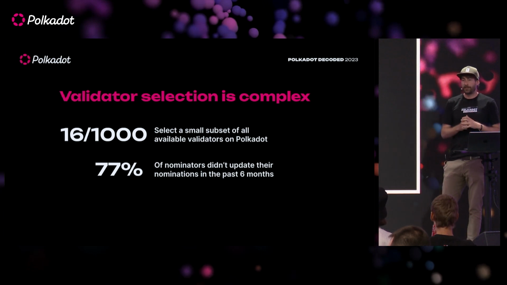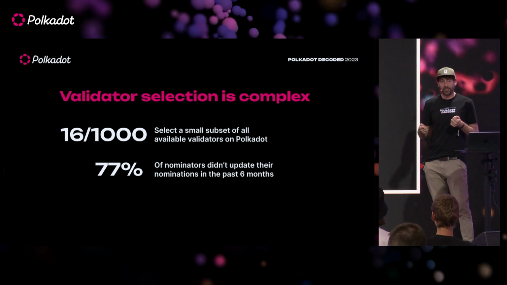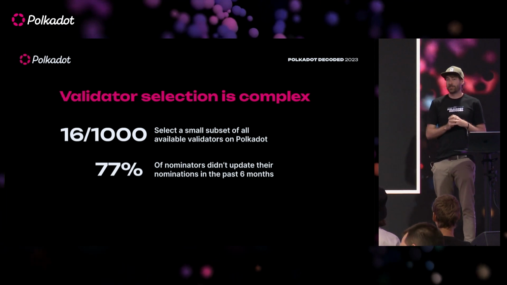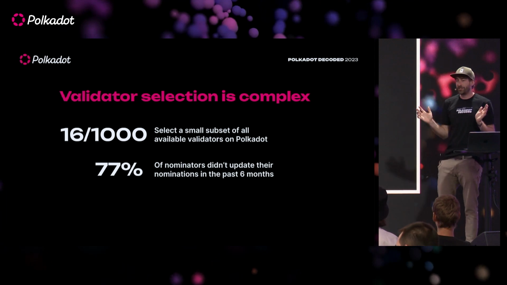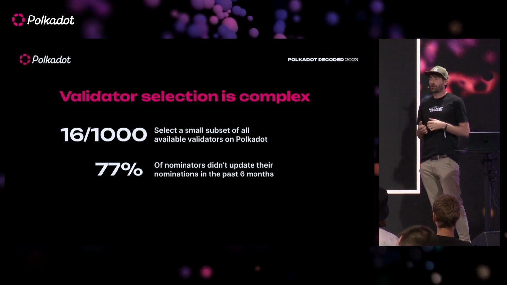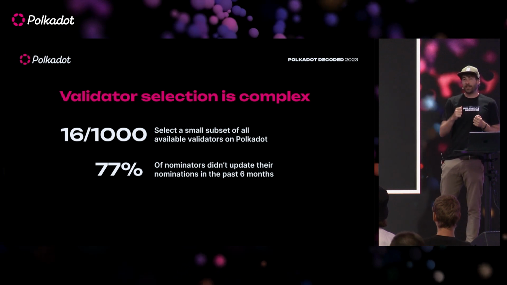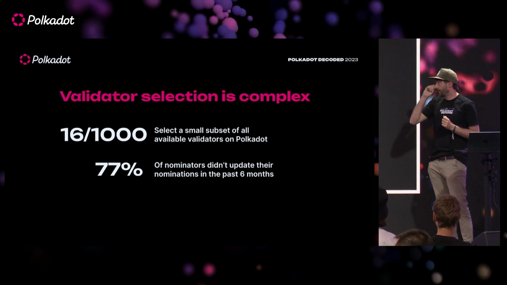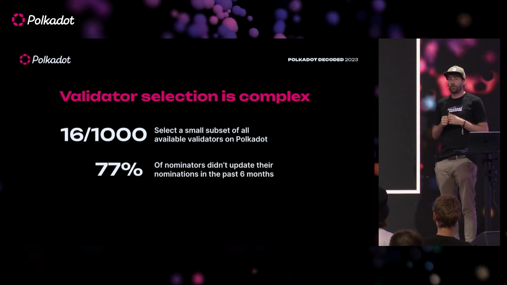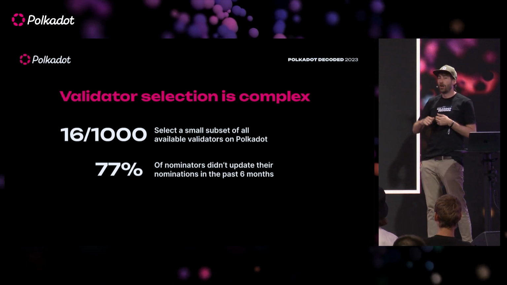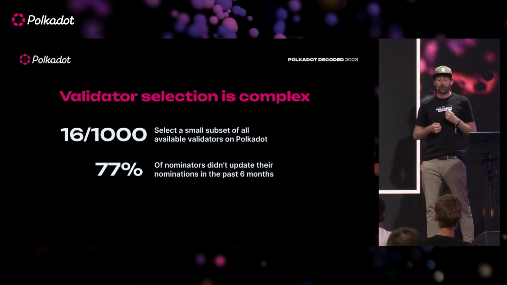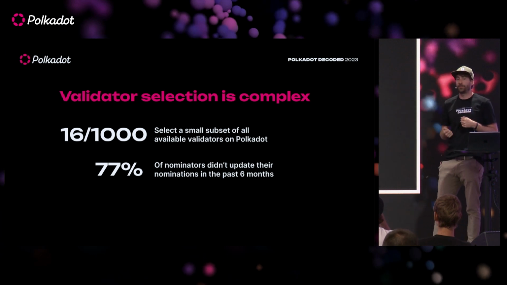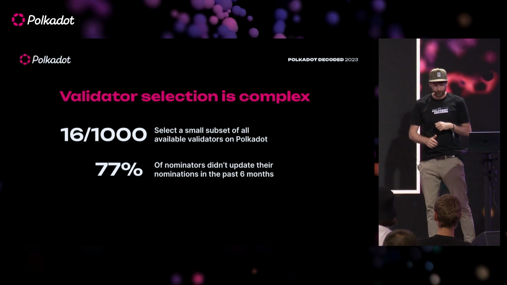It could be that they are frequently checking and finding that their selection is still optimal and not changing anything, but it's a strong signal that they might just set it once and then forget, right? And as I said before, it's an important task for nominators to go through the set frequently and try to find the optimal selection.